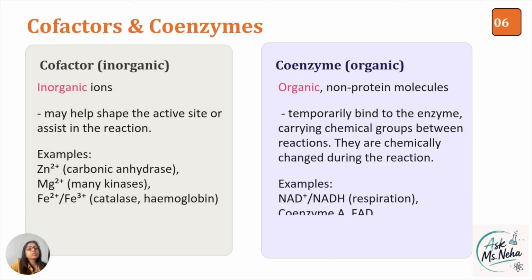While coenzymes are organic molecules, so they are carbon based molecules, but they are not proteins. Usually, all the vitamins, vitamin B, vitamin C, are coenzymes. And some other examples are NAD and NADH, which is a common conversion during the respiratory cycle.